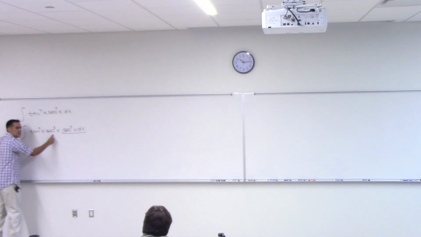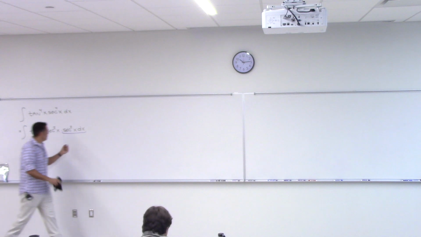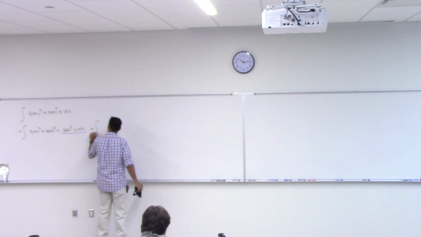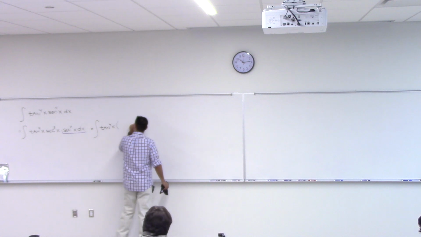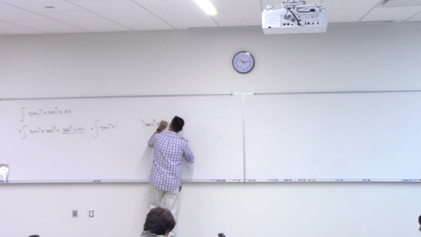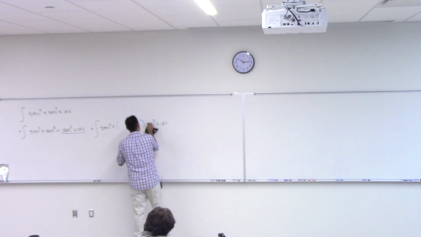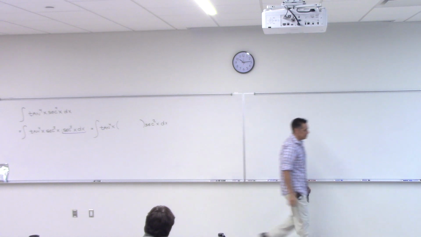But this is not a tangent. So I can use the Pythagorean identity to rewrite this in terms of tangent. So I'm going to rewrite this as the integral of tangent to the fourth x, then in parentheses something, and then secant squared x dx.